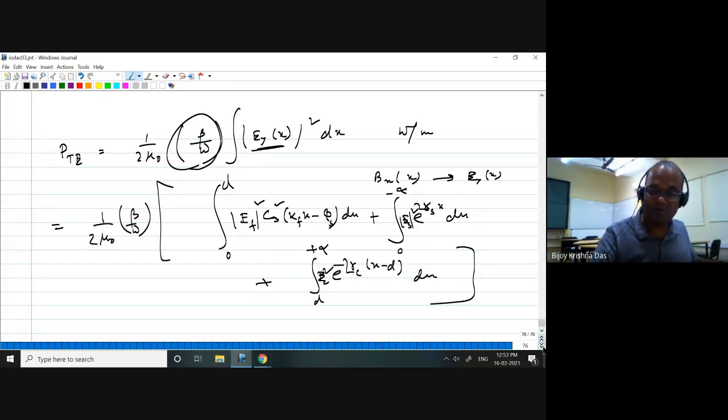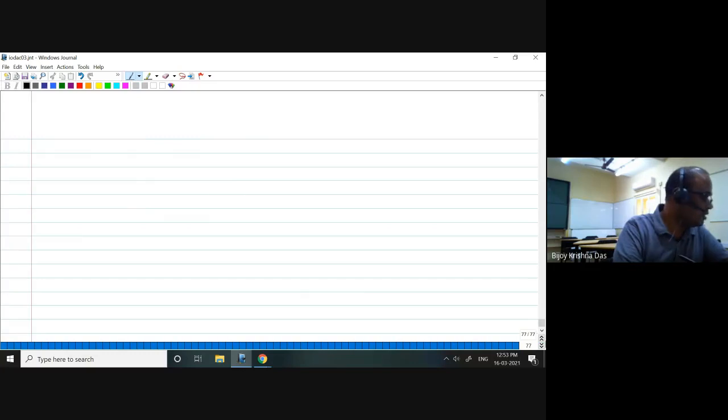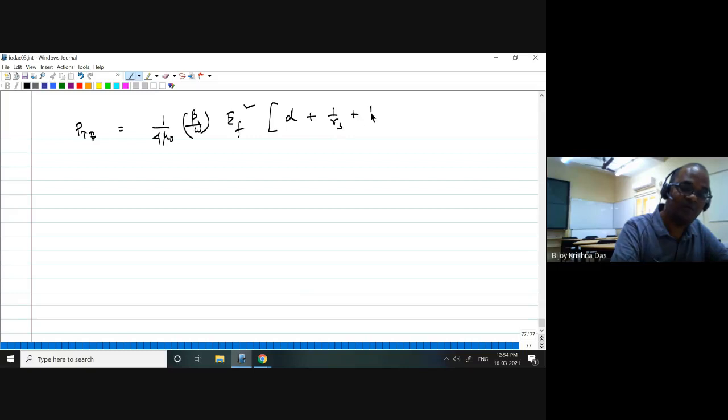You will get something like P TE equal to 1 over 4 μ0, beta by omega, Ef square, and d, the thickness, because you are integrating over 0 to d for cosine, plus 1 by gamma s, 1 by gamma c.